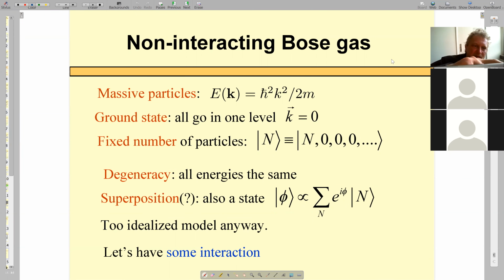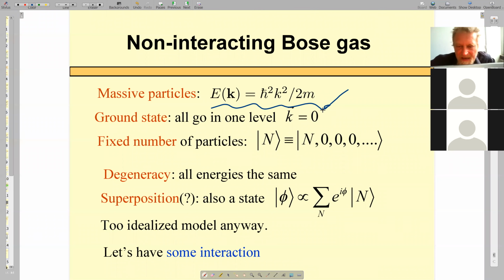Consider non-interacting Bose gas with a spectrum, and look at the ground state. If you do the homework, you know by heart that all particles in this case prefer to go to one level, and it's perfectly allowed because they're bosons.